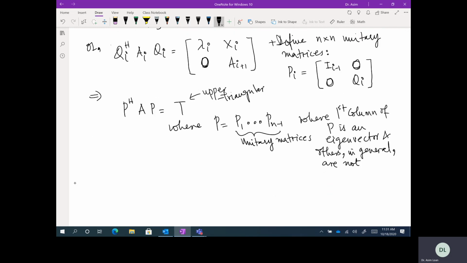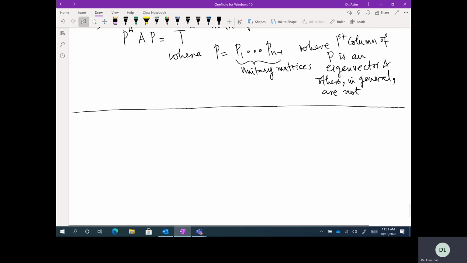So this is just a sketch of the proof, which just tells you, okay, if you take a unitary matrix, you will get a triangular form. So you get an upper triangular matrix. And let's look at an example before we end today's lecture.